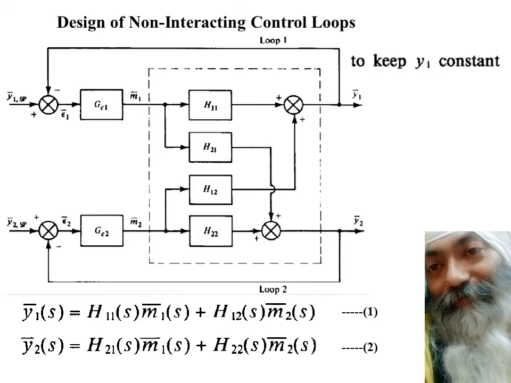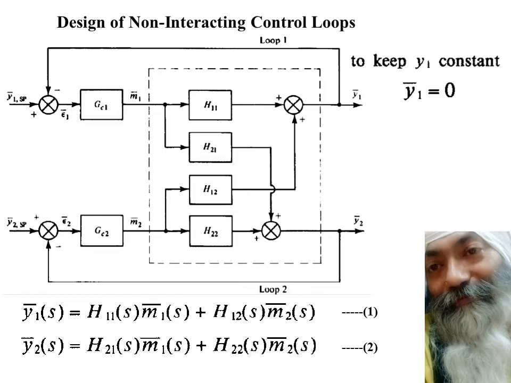Now, here the objective is to keep this y1 constant. When we say I want to keep this y1 constant, irrespective of what is happening over here, I don't want anything like m2 to disturb y1, so I want to keep this y1 constant, and mathematically it means that I want to keep y1 bar equal to 0 because y bar is the change from steady state.